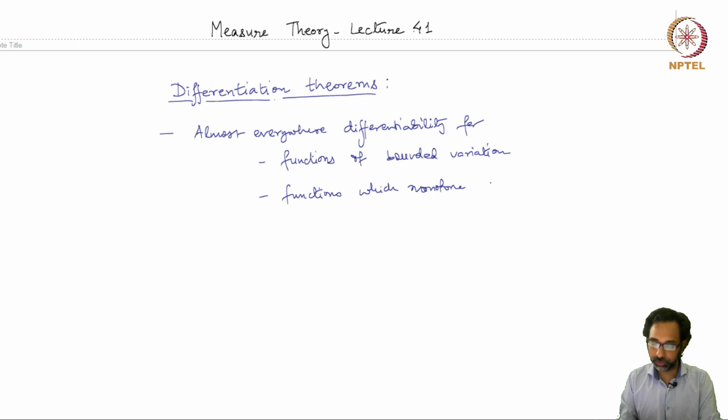So these differentiation theorems allow us to take the derivative of functions which are not differentiable everywhere, but they are still differentiable almost everywhere, and we can do analysis on these classes of functions.